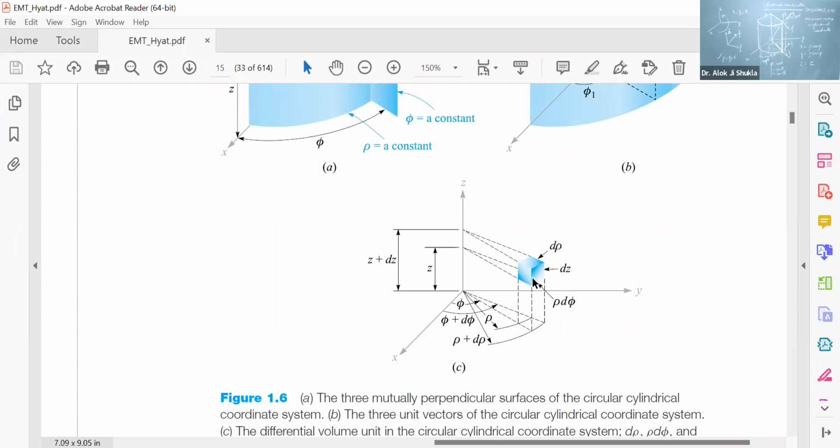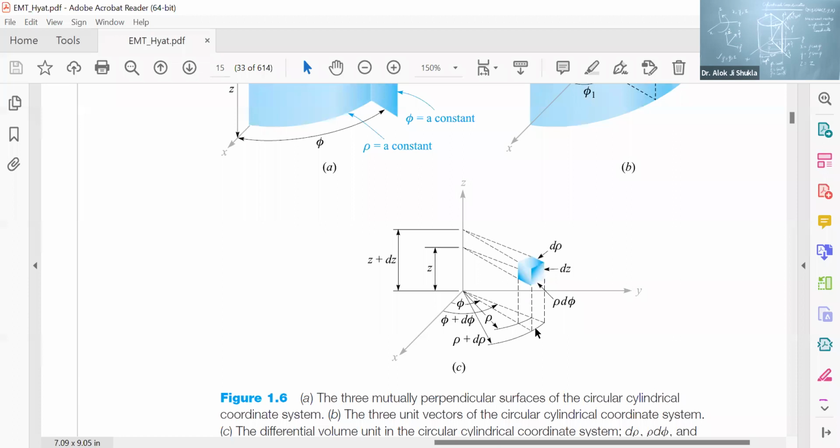So you make the same volume here and see the result. This part can be written as: this is rho and this small angle is d phi, because this whole plane has angle phi. So this small angle is d phi. So this small distance will become rho d phi.